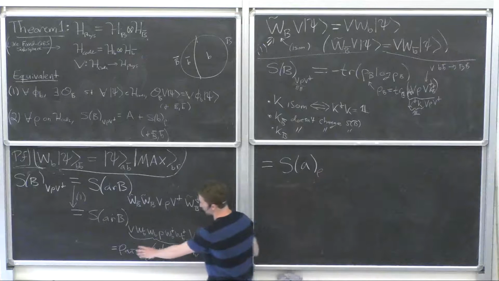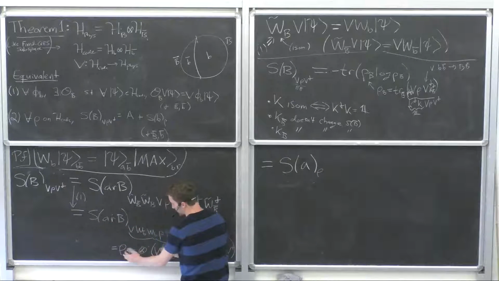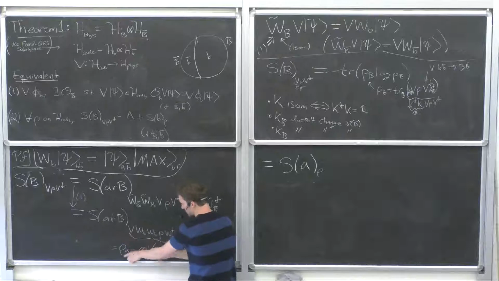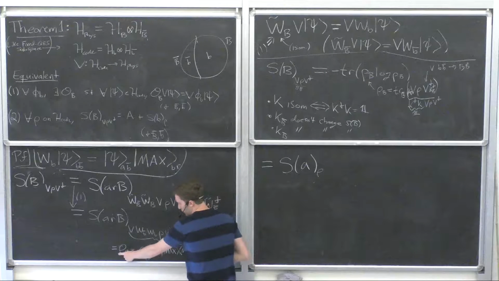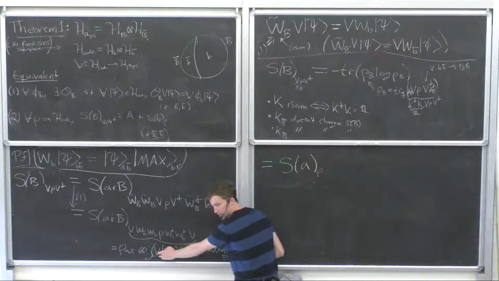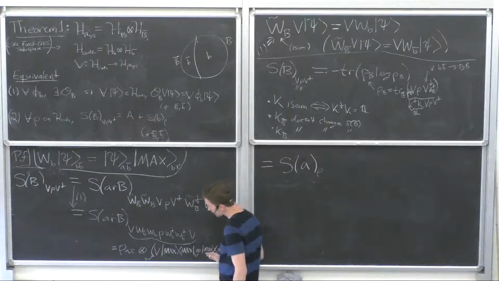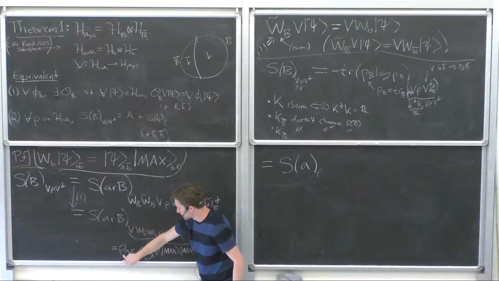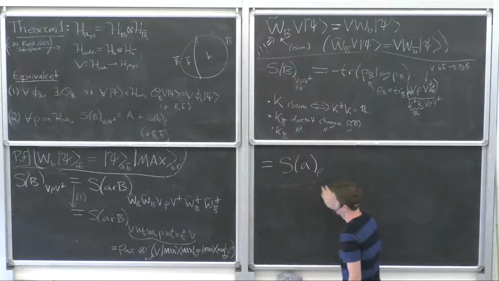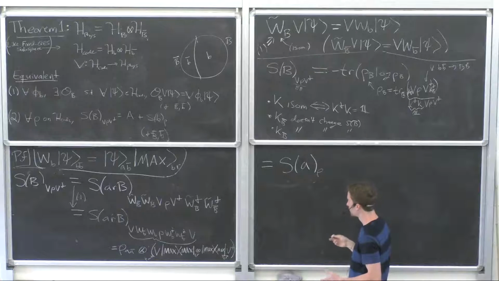Now I'm just actually saying, what is the entropy? Well, this state was some product state. The entropy of that is the entropy of one of the factors plus the entropy of the other factor. So the A part here just contributes this S of A in the state rho piece.